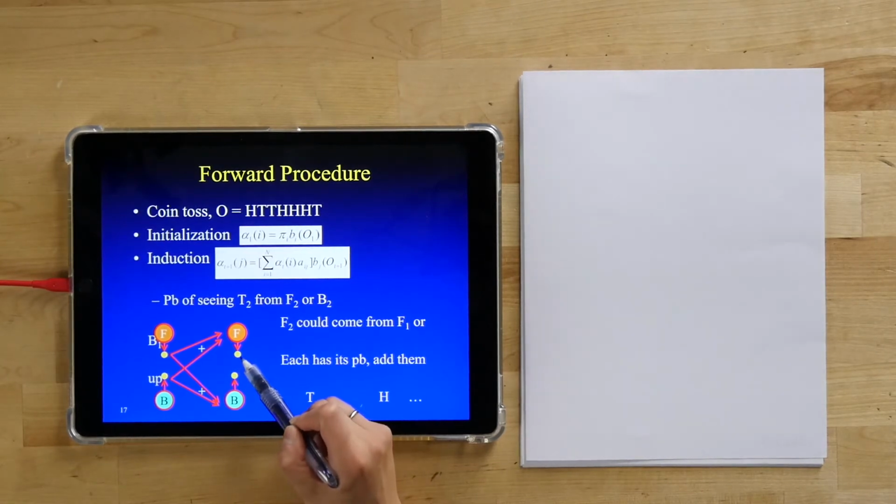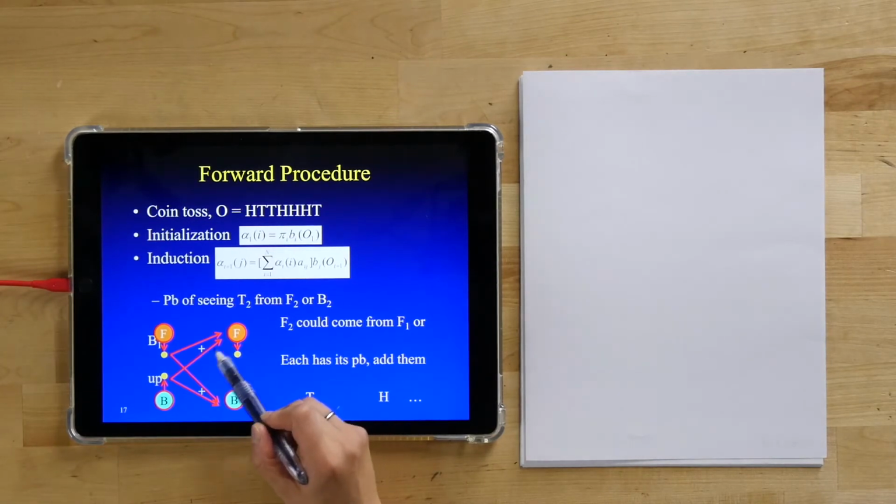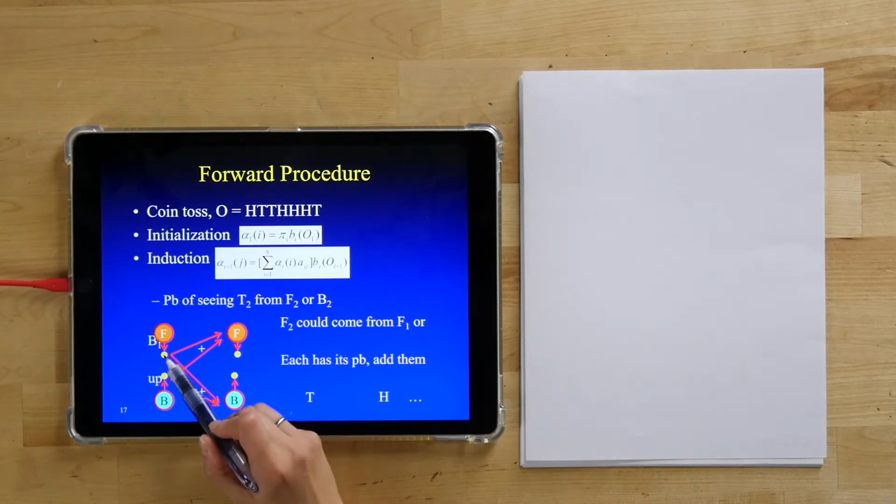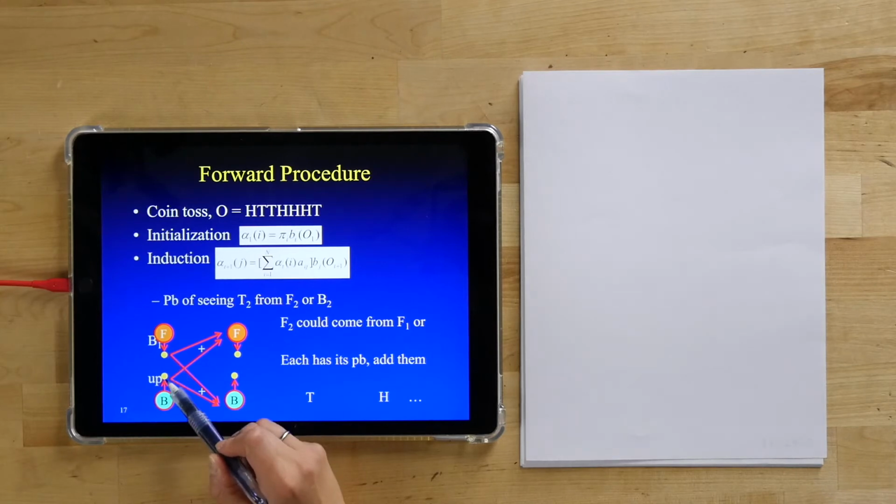So you ask, okay, if I'm going to use a fair coin in here, what do I have to do before? You say, okay, well, the previous coin can either be a fair coin or a bias coin.